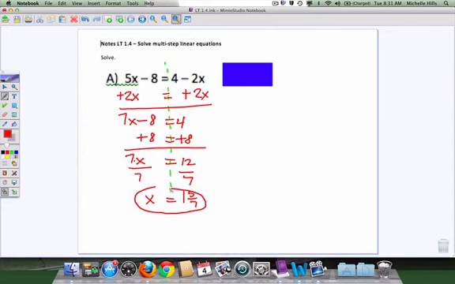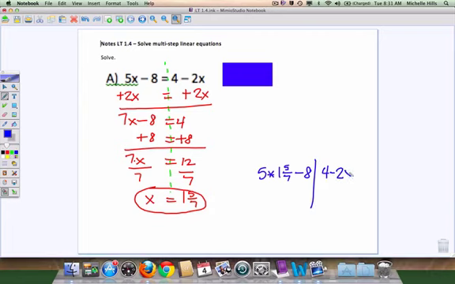Now, to check this in my calculator, I would need to do 5 times 1 5/7 minus 8 equals, and then 4 minus 2 times 1 5/7 equals, and make sure both sides of the equation really do equal each other so that 1 5/7 is my answer.